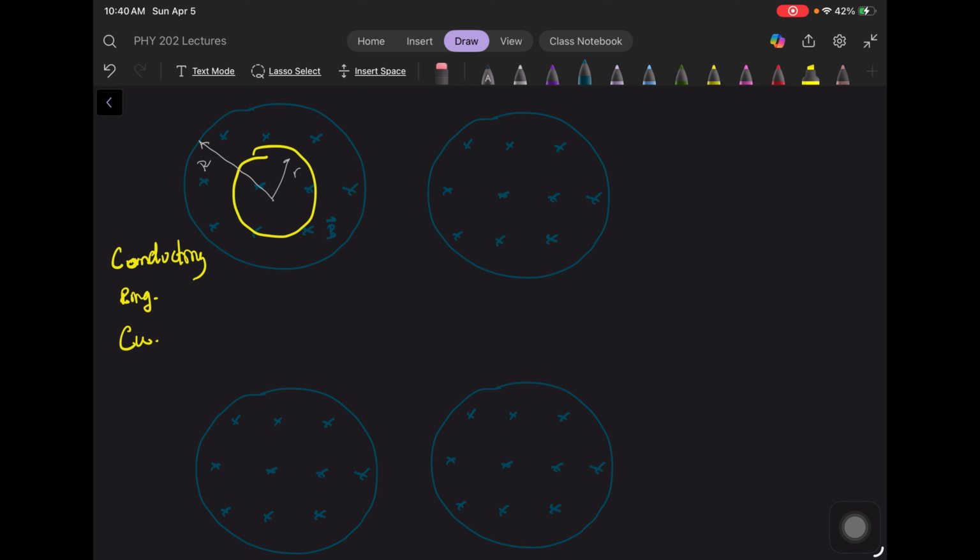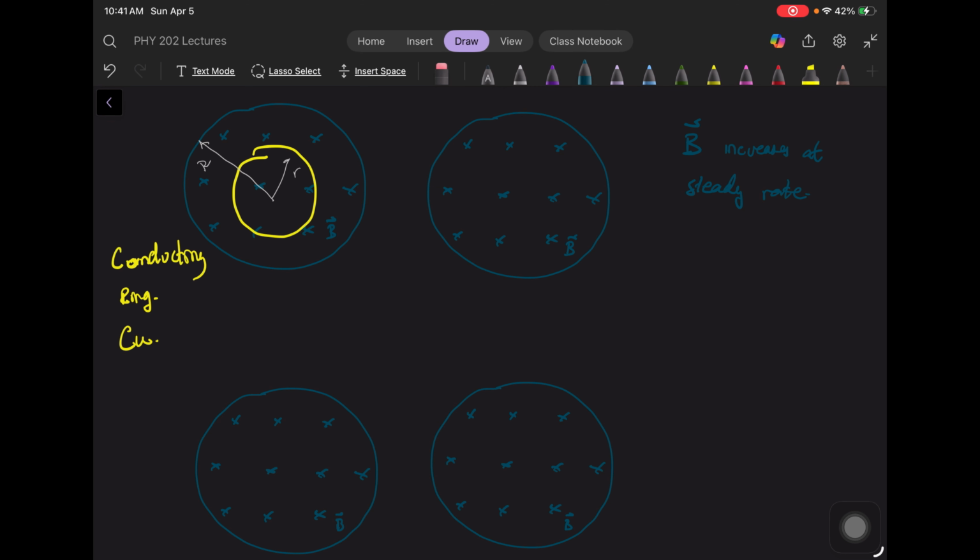Magnetic field B. And so let's have B increase at a steady rate. Okay, and so the magnetic field is going into the board, as we can see.